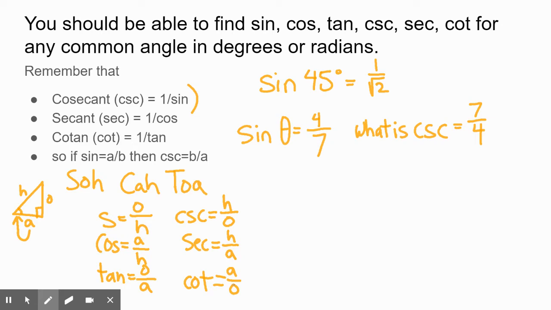And all across the unit circle, you have all those numbers, right? Because every coordinate on the unit circle is a right triangle like that, right?